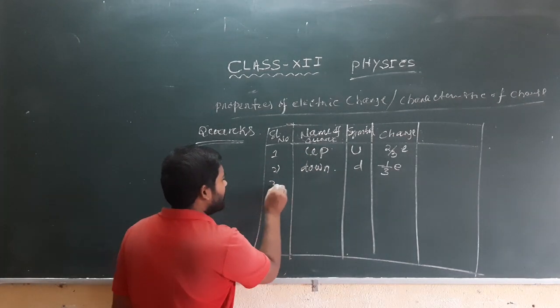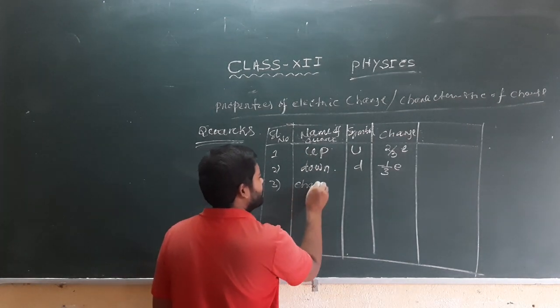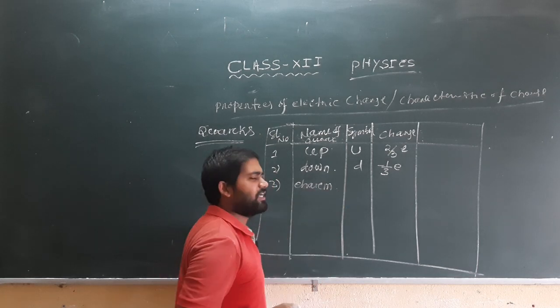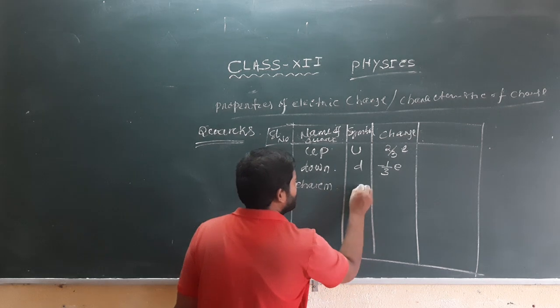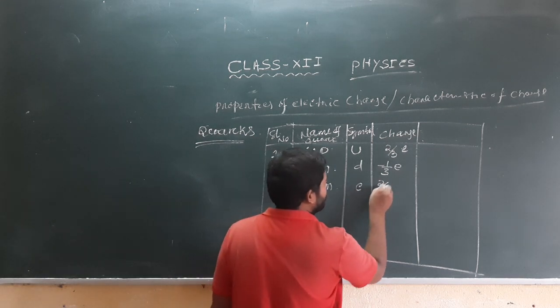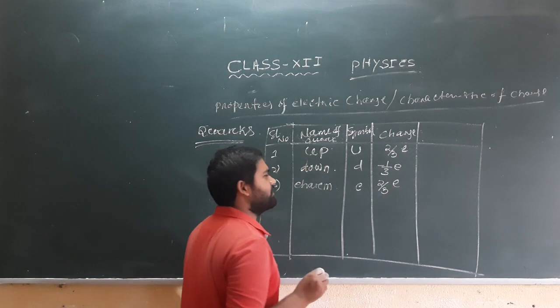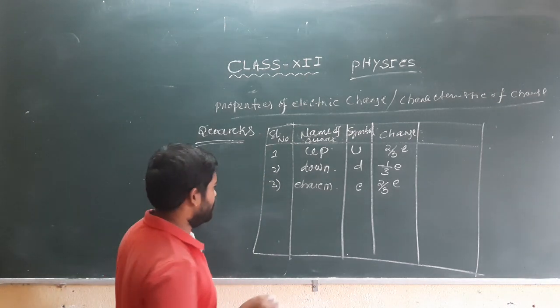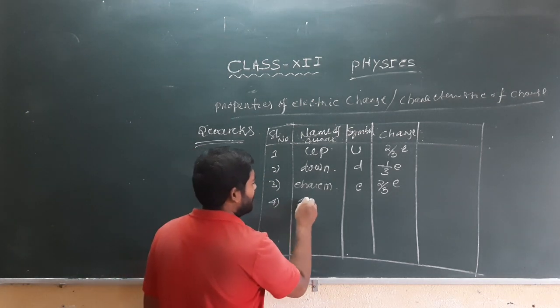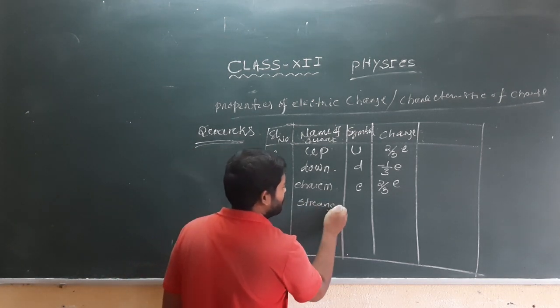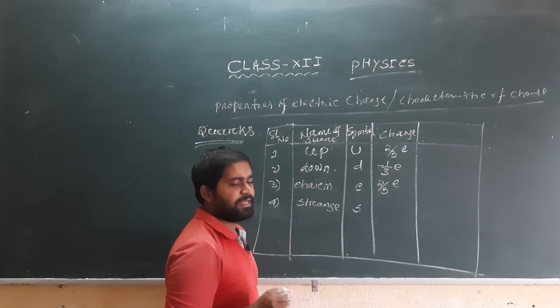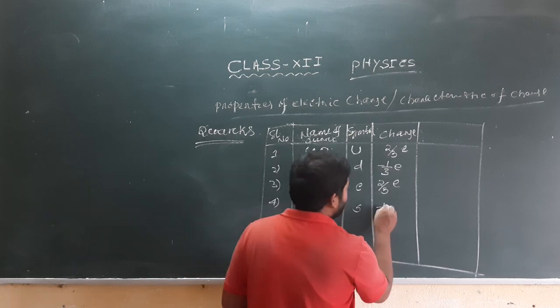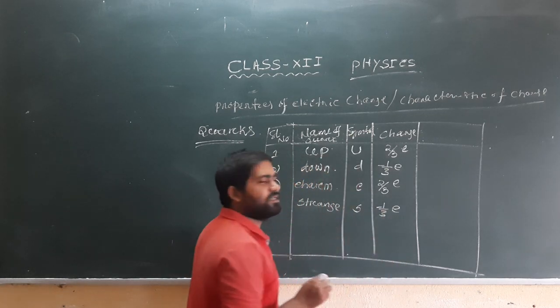Third is the charm quark. The charm quark is symbolized by small c and its charge value will be 2 by 3 e. Another one is the strange quark, symbolized by small s, and its charge will be minus 1 by 3 e.